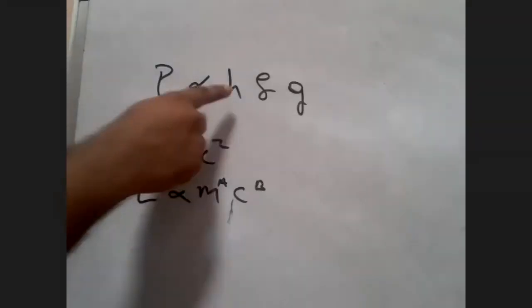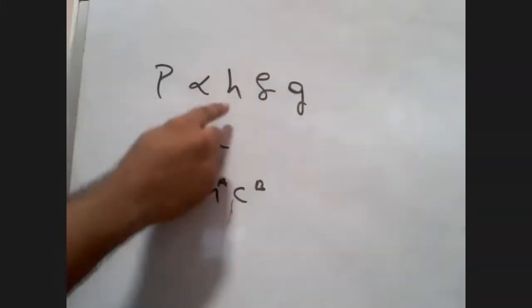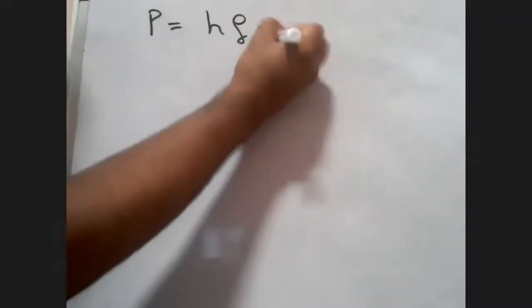Basically, you can find out using dimensional analysis the exponents raised to each of these elements. So dimensional analysis can be used for several things. Let's say that in the question it is given that pressure is somewhat related to height, density and gravity.